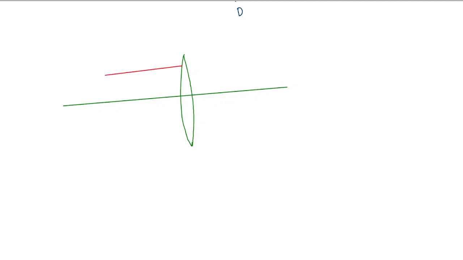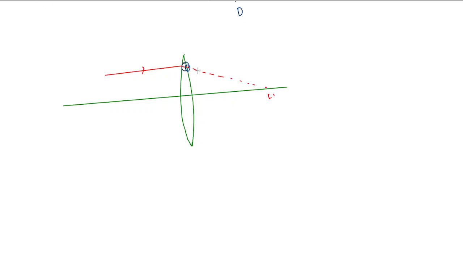First, on the first surface, something like this, light refracts and goes towards a point like this, as in the previous case, but light refracts here also. But for a thin lens, this distance is very, very small.